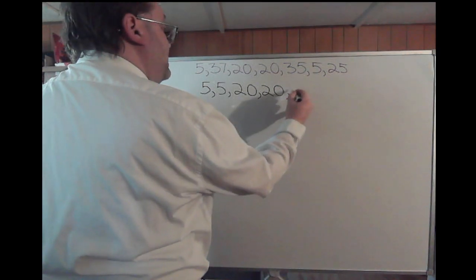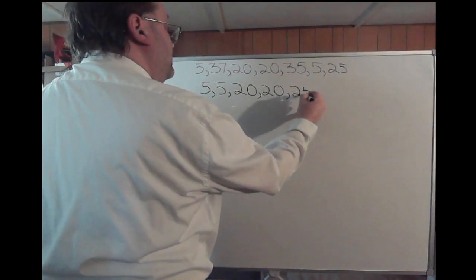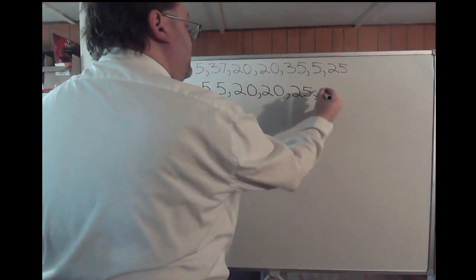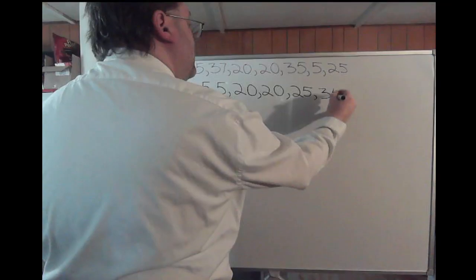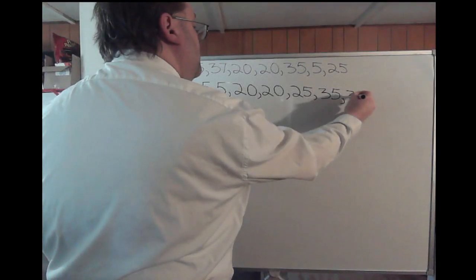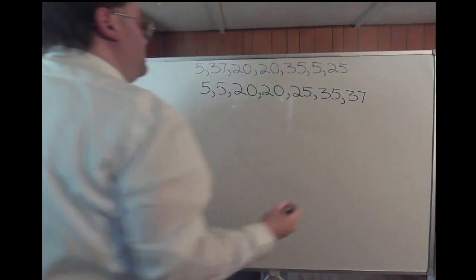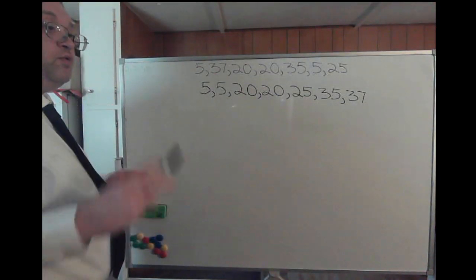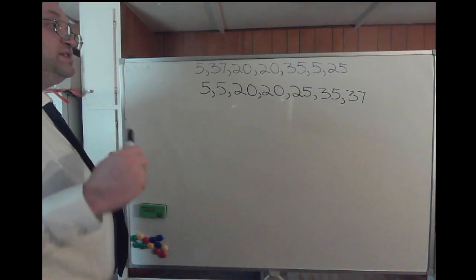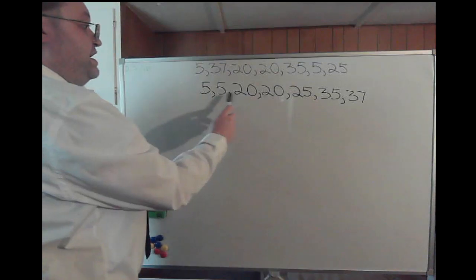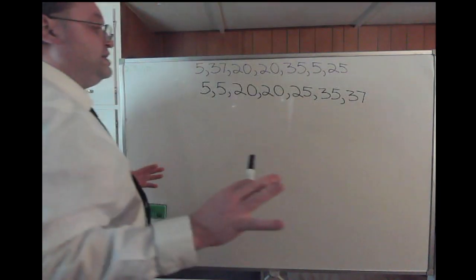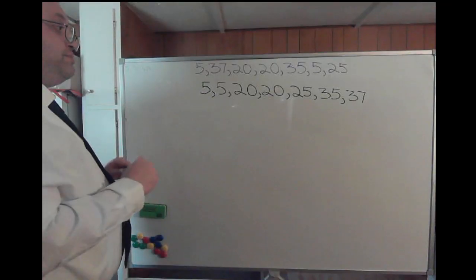Then it looks like we have a 25. Then a 35. Then a 37. So this list rewritten in proper order from smallest to largest is 5, 5, 20, 20, 25, 35, and 37.